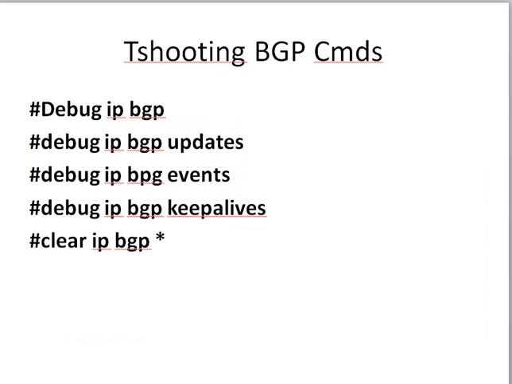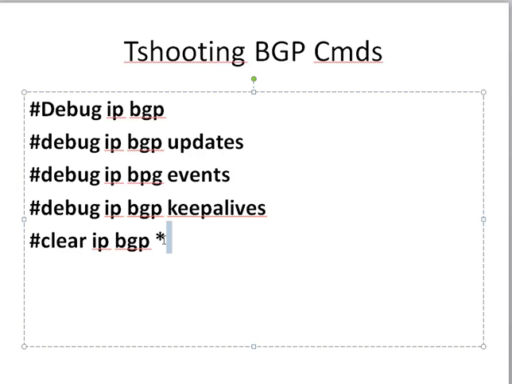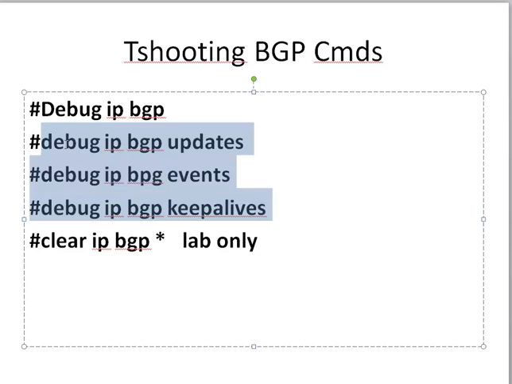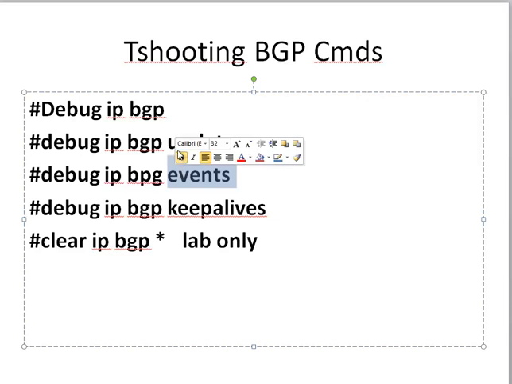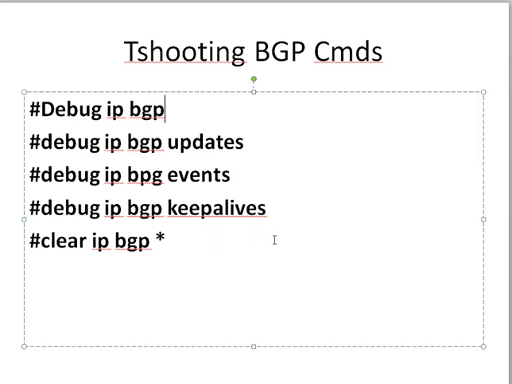Okay, and finally I have a couple debug commands here. These are a couple of the commands that I personally used in the past. Try never to use a star. Only do this in labs, because that'll give you a lot of information. But generally, these three commands I've used in the past for troubleshooting BGP: events, updates, and keepalives.